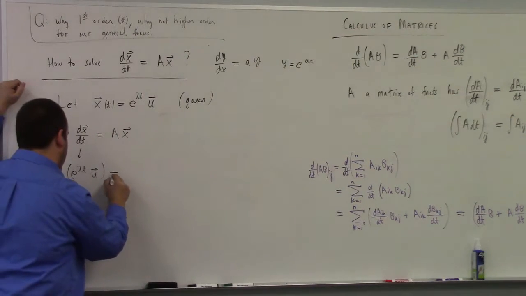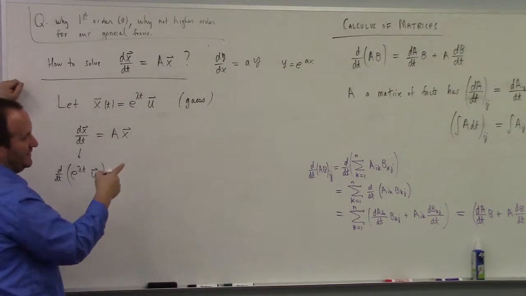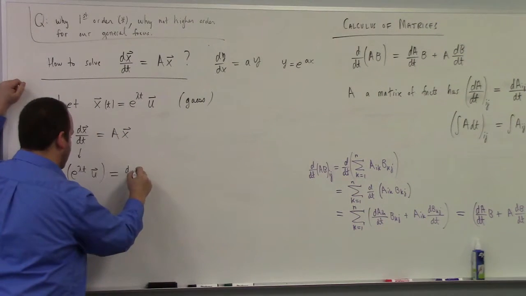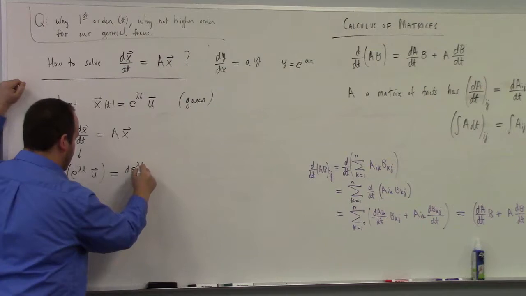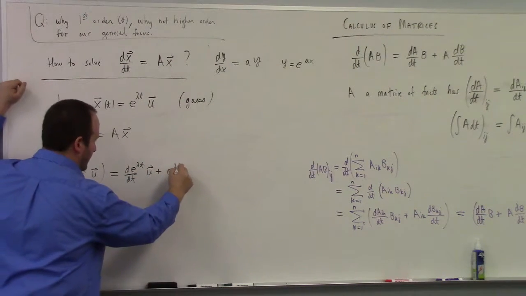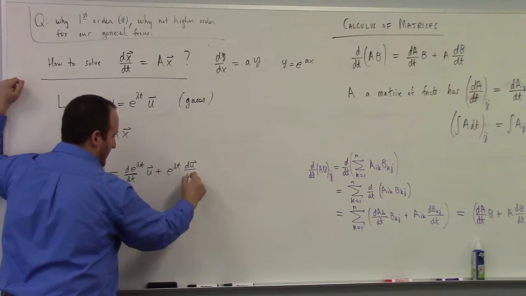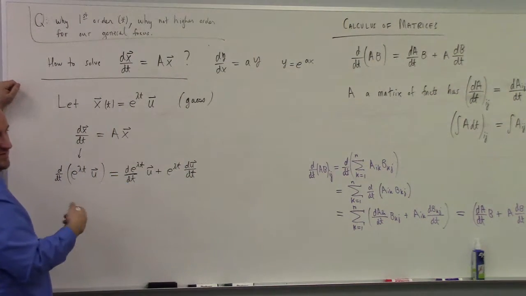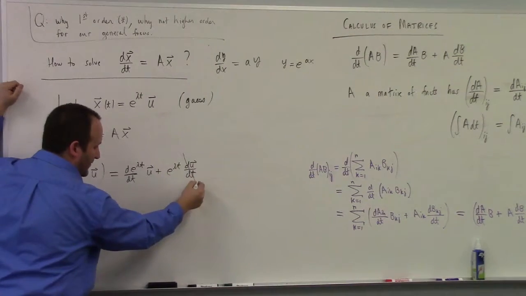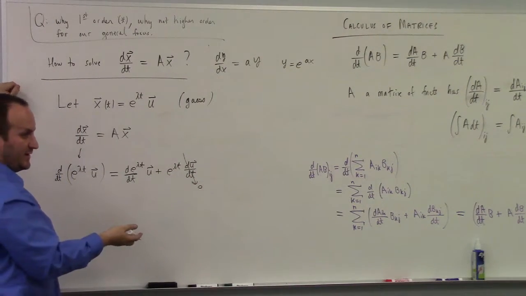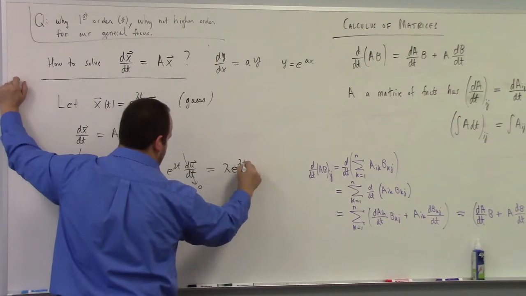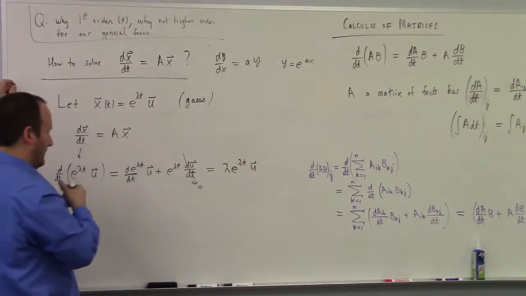So by basically that product rule I just worked out, you could look at it as a special case of that if you want. This is d(e to the lambda t)/dt times u plus e to the lambda t times du/dt. I'm assuming here that u is just a constant column vector, though, okay? So this is just 0. In other words, the u just rides along. So the derivative is just lambda e to the lambda t times u, all right?